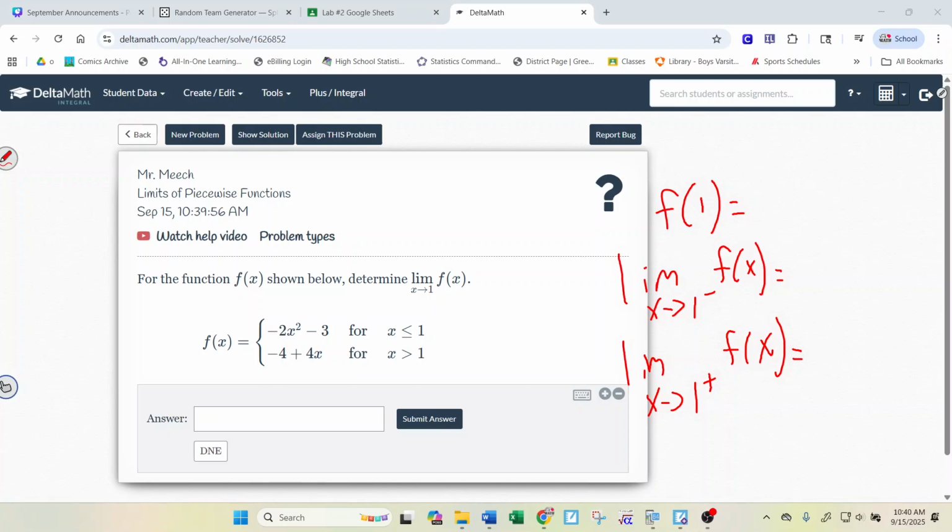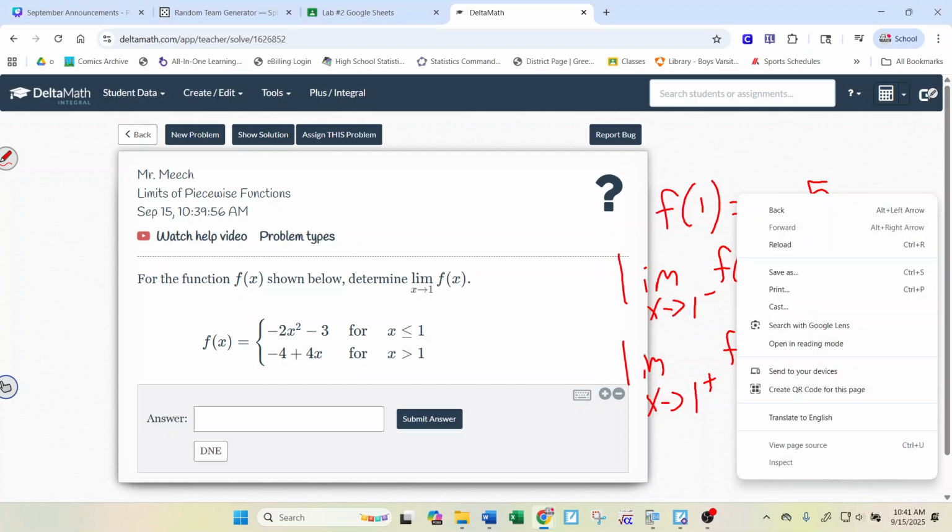What is f of 1? Negative 5. Put it in the top one, right? So as you approach from the left, that's going to be less than 1. Also negative 5. As you approach from the right, that's going to be greater than 1.